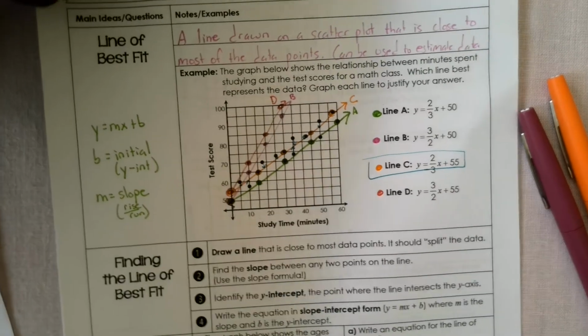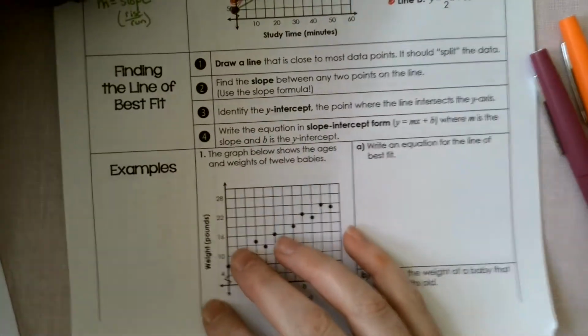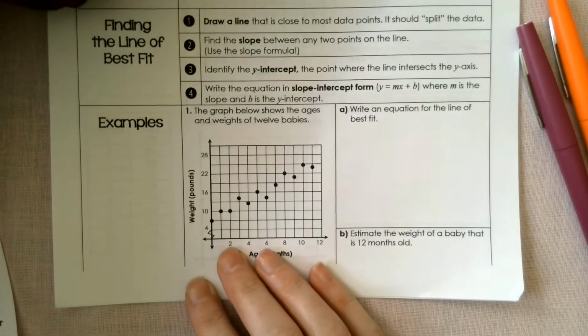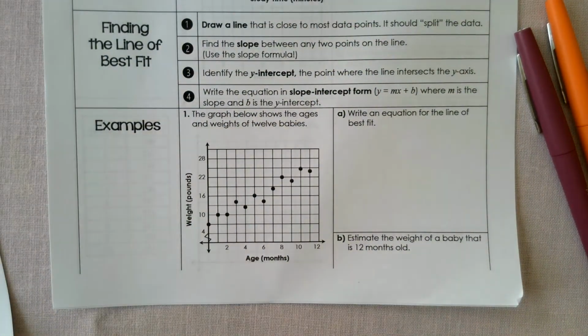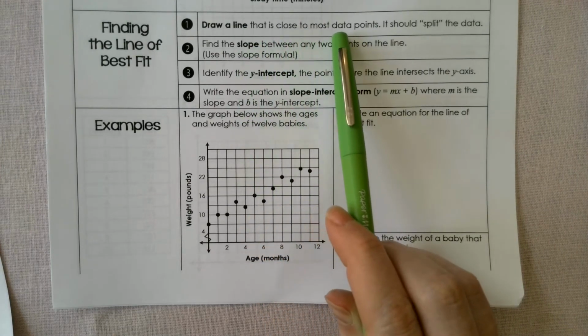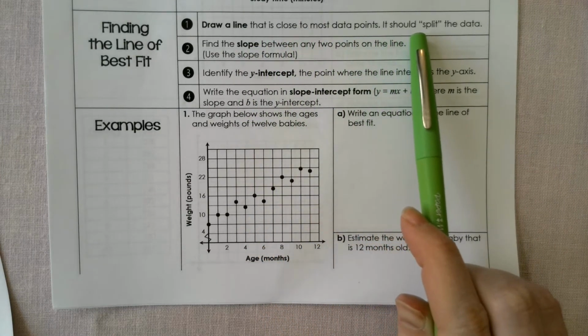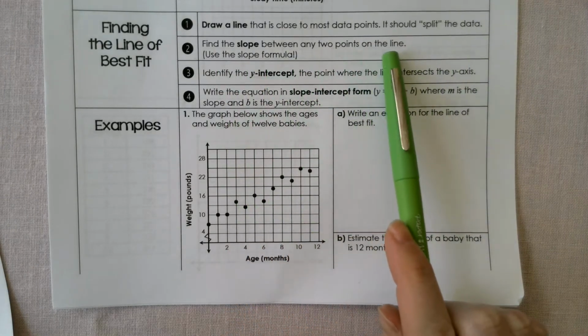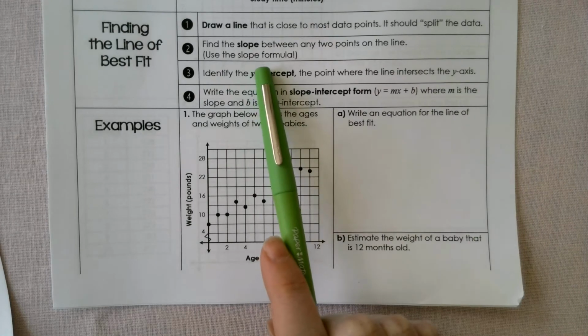Alrighty, so if we are not given a multiple choice question that asks for a line, then we need to find it ourselves. So we are going to draw a line that is close to the most data points. It should split the data. And then we're going to find the slope between any 2 points on our line. We're going to use the slope formula.